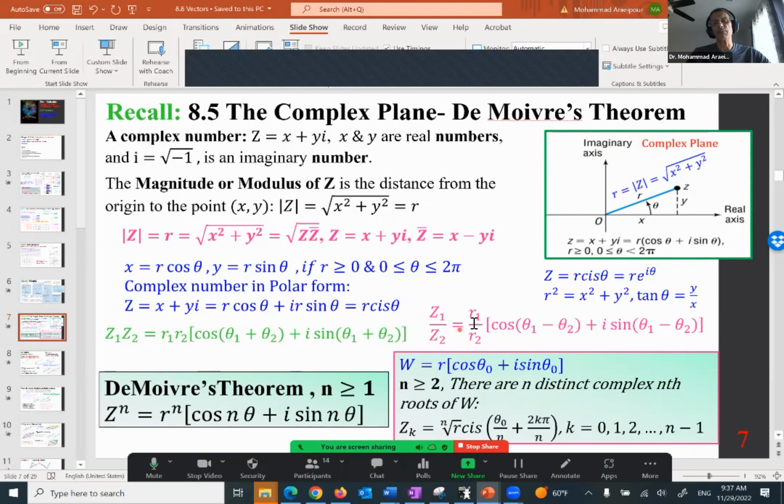When we divide them, we divide their magnitudes and we subtract their arguments. For De Moivre's theorem, when we want to raise a complex number to the nth power, we raise its magnitude to the nth power and we multiply its argument by n.